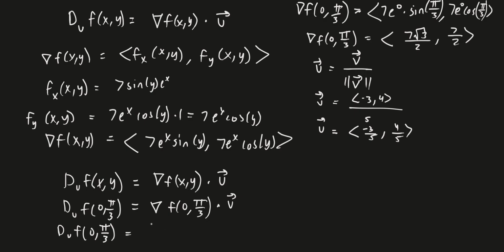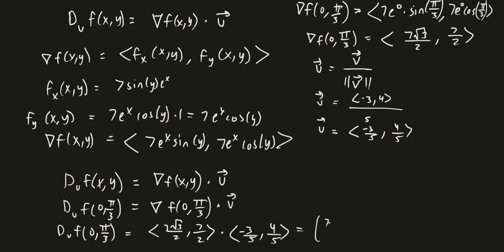So the gradient ends up being (7 root 3 over 2, 7 halves), dot (-3/5, 4/5).